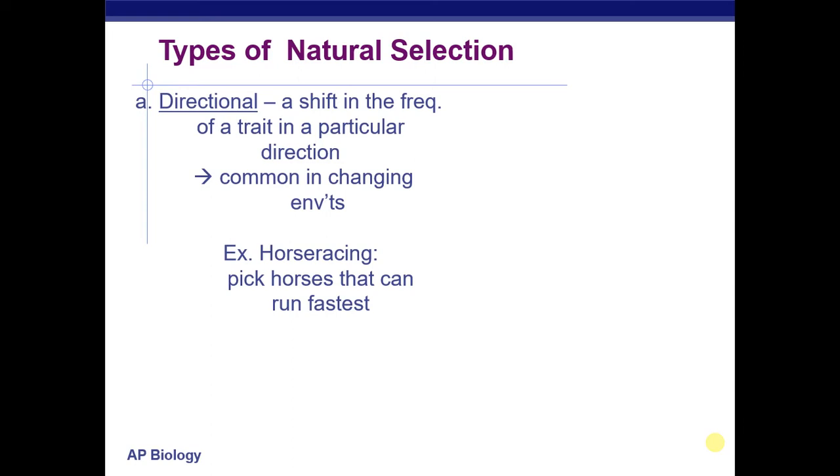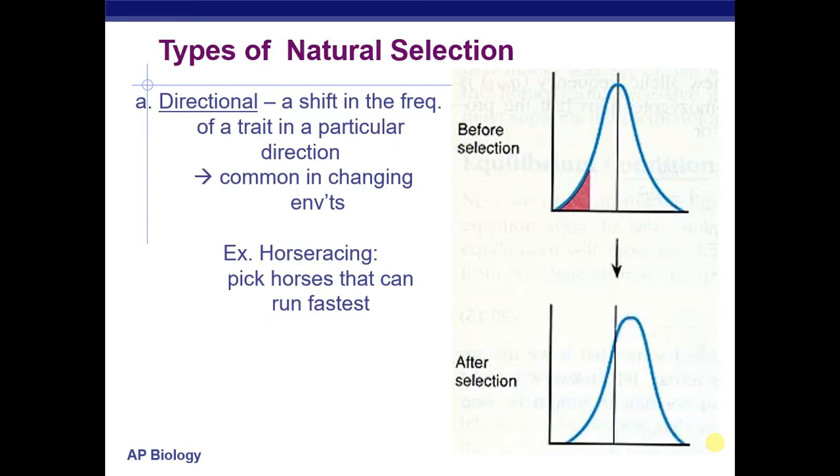One type is called directional. In directional selection, there's a shift in the frequency of a trait in a particular direction. This is really common in changing environments. Selection tends to favor a genotype or a phenotype at one extreme of the spectrum of phenotypes.